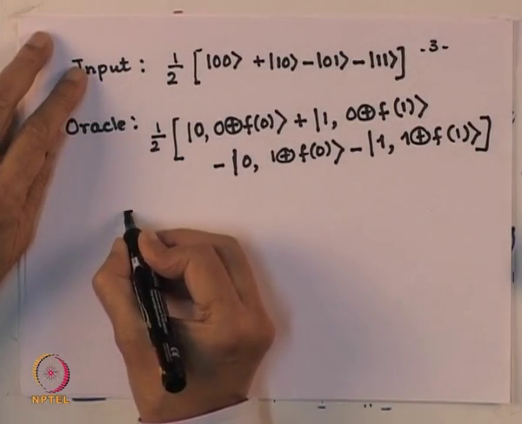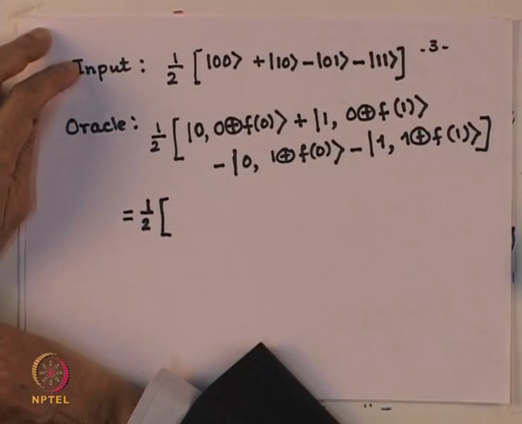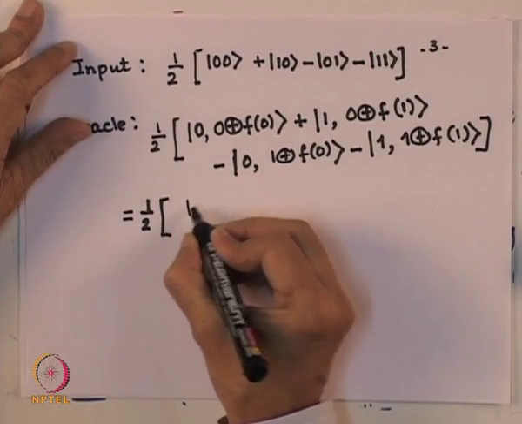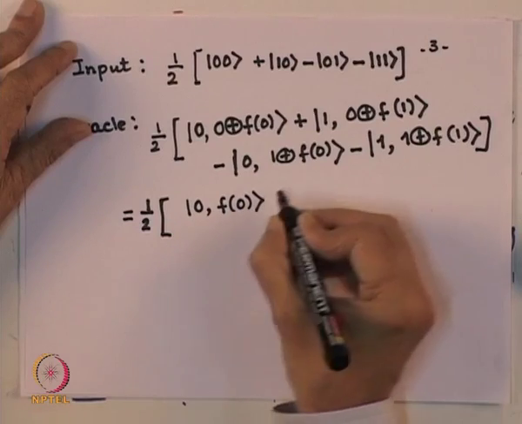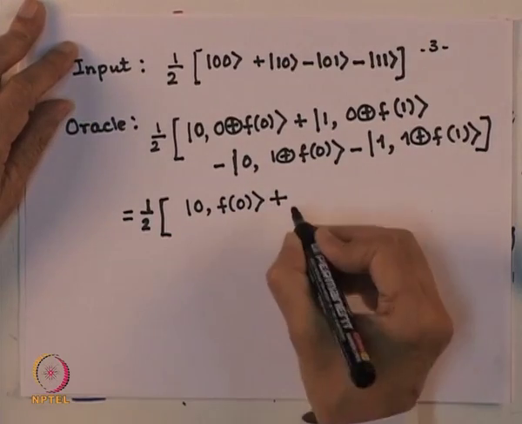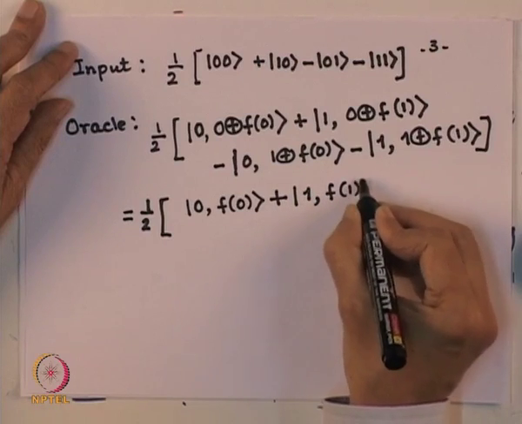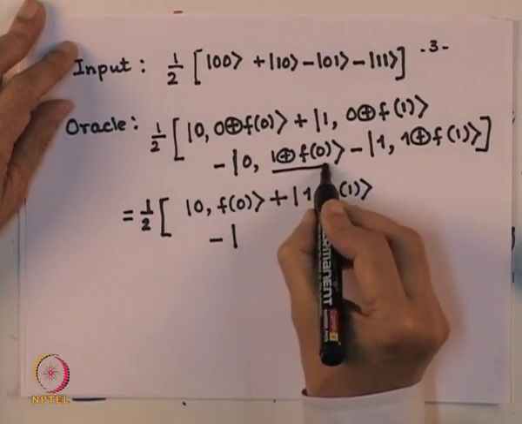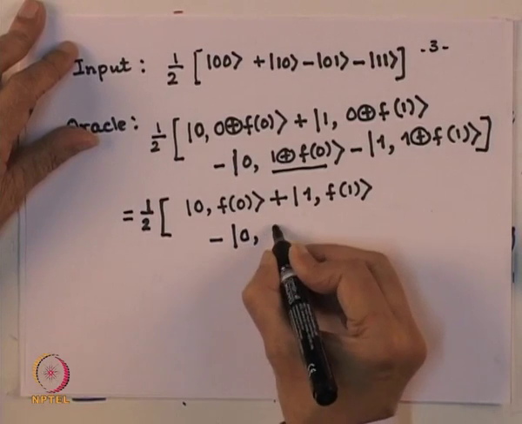So this is equal to what? Now you know that when I XOR a state with 0, I get the same value back. So therefore this is 0 comma f0. Now this will be 1 comma f1, minus, here I have XORed f0 with 1, which will give me the complement of f0.